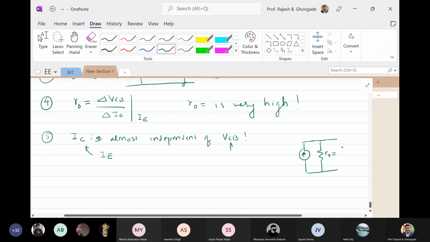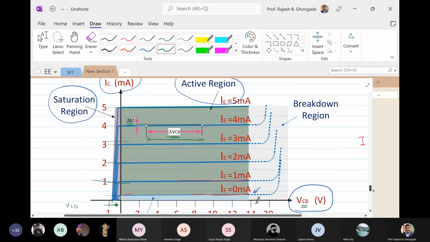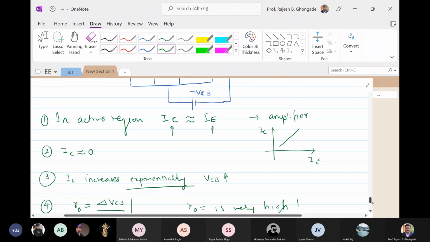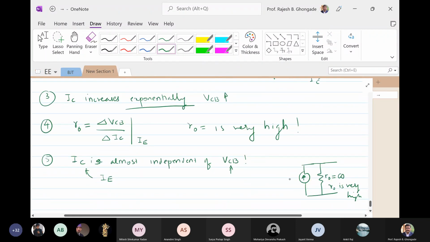So infinite. Or practically, okay, let us say RO is very high. Do you see a similarity here? Similarity है कि नहीं है? Yes sir.